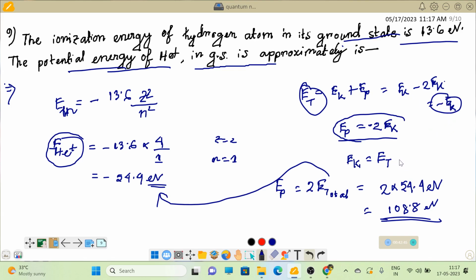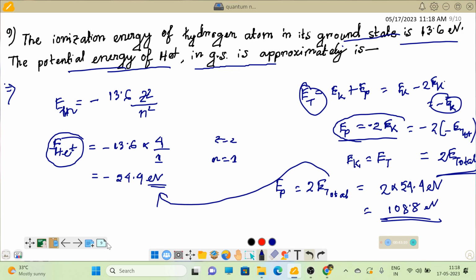So here I put the value, minus of 2 minus of E total, that's why we get 2 into E total. Okay, I think it is clear. If you are not clear, comment, I will tell again in the next video.